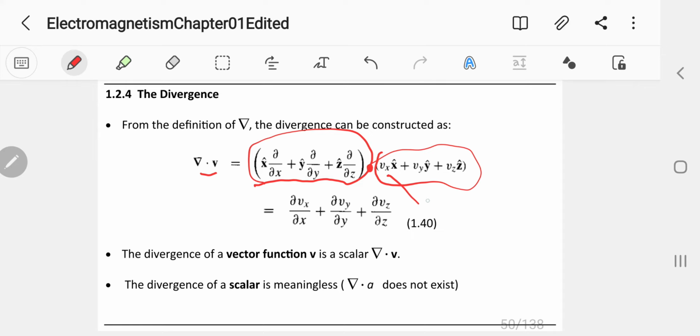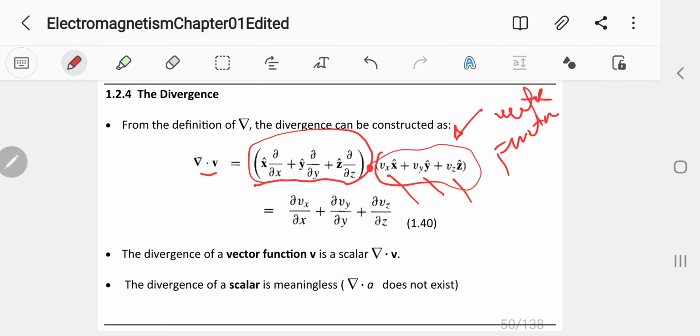Vx could be an ordinary function, Vy and Vz. They are ordinary functions, and the whole thing here is called a vector function.